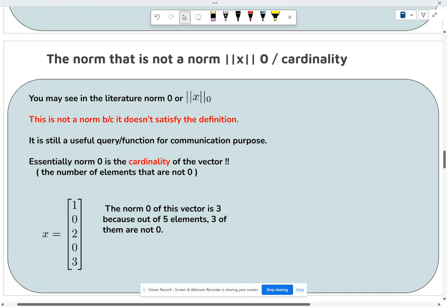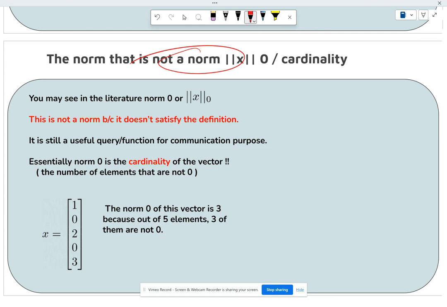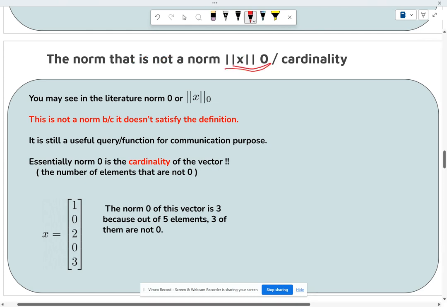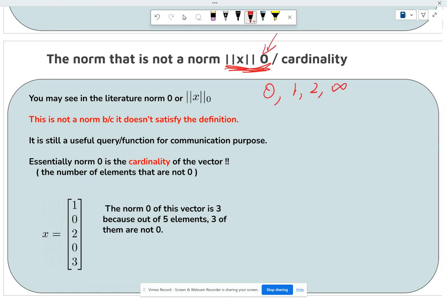Now there is one particular norm that is not a norm, and that is called the L0 norm. So we have 1, 2, and infinity, right? Now we add another one called the zero norm. The zero norm is a very simple concept. Basically, let's say we have a vector that looks like this. The L0 norm of this vector is 3. Why?